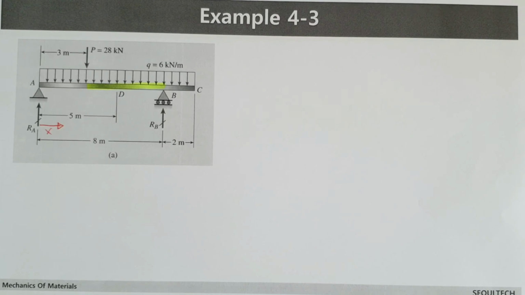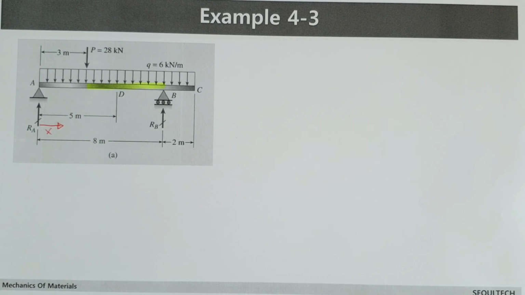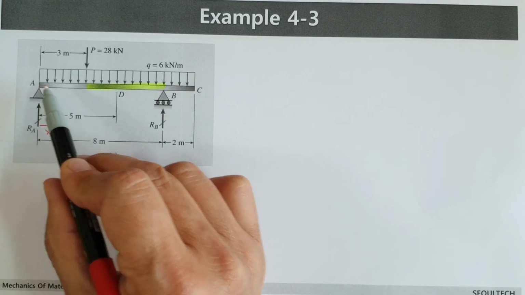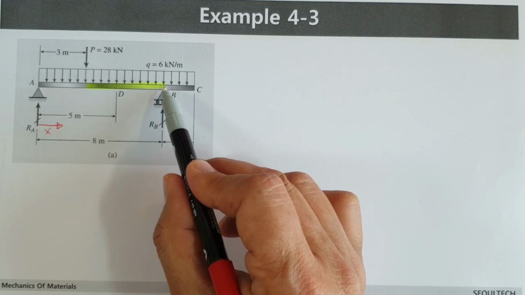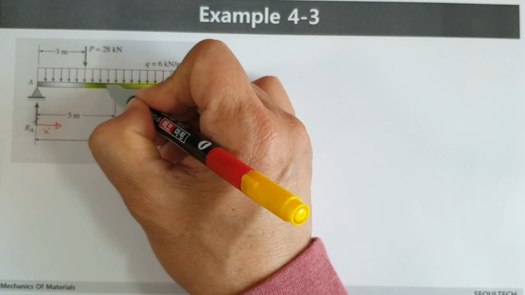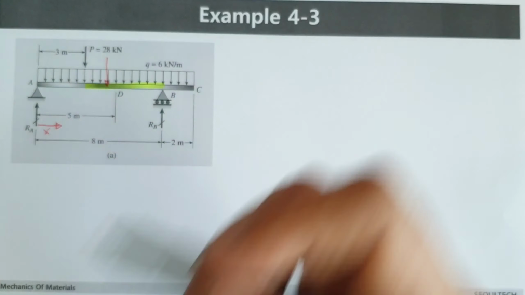At first, it's not convenient to deal with distributed loads. But in order to find RA and RB values, the reaction forces, we assume the distributed force from A to this point is acting in the middle. This one is 8 meters. Then somewhere here is acting an equivalent concentrated force.